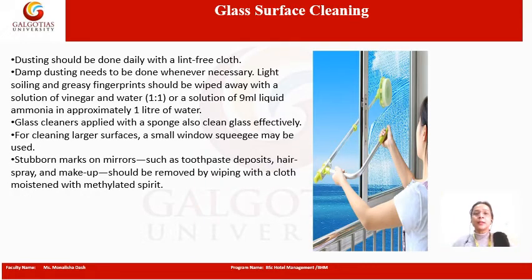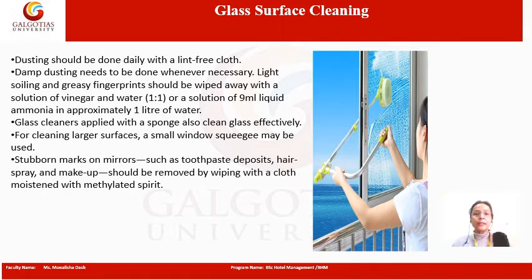This is the glass surface cleaning. Dusting should be done daily with a lint-free cloth, right? In order to maintain the glass surface, dusting should always be done on a regular basis. Damp dusting needs to be done whenever necessary.